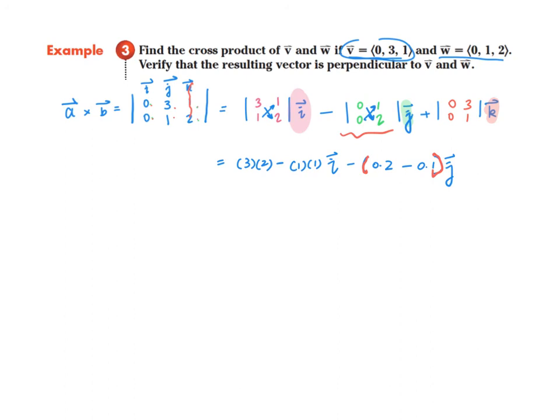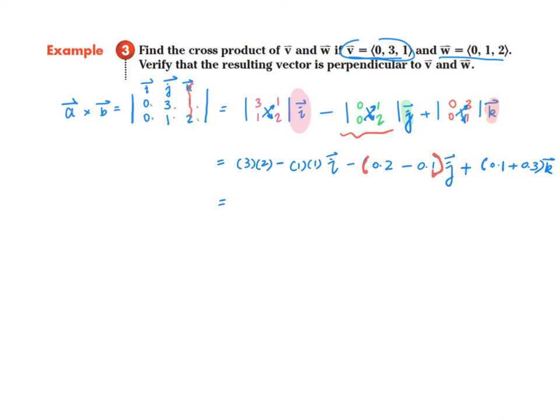The last term, plus, we cross multiply and subtract. So 0 times 1 minus 0 times 3 for the K term. Now we just need to figure out the answer.